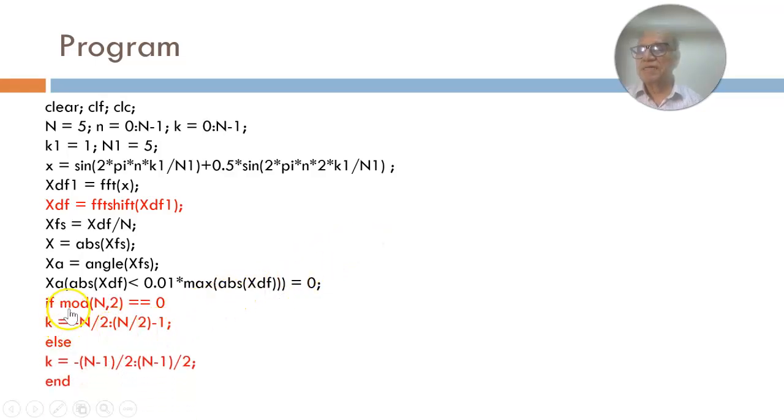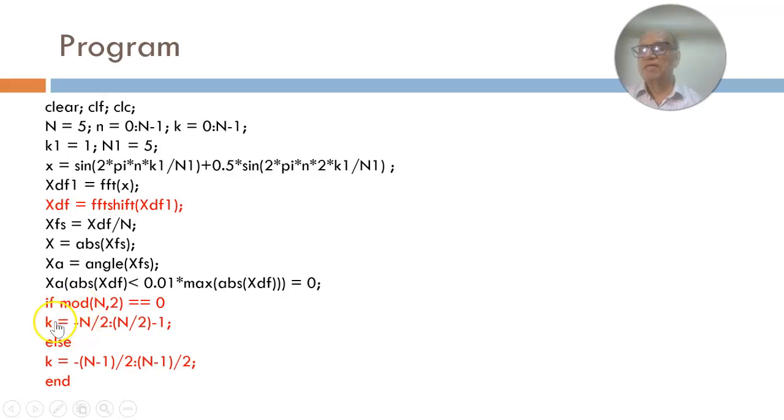Now here, these are the extra statements that you require because you have to adjust the K array appropriately for the double-sided spectrum. Mind you, when you did this calculation, your K was changing from 0 to n minus 1. But after the FFT shift, you have centered the 0 frequency, therefore K has to be changed appropriately.